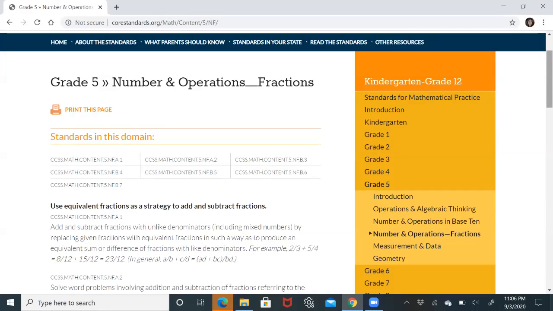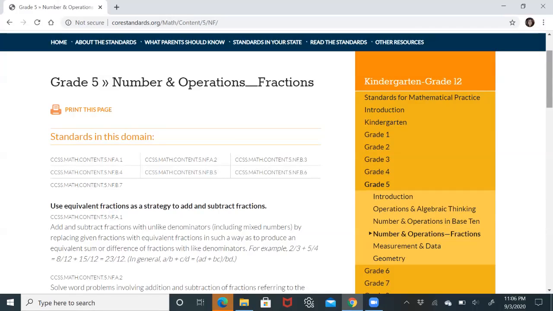Now, the spoiler alert here is that most of the state standards are actually very similar to the Common Core standards. So whether or not your state is officially a Common Core state, the standards are very, very similar. The main differences are usually just a slight change in the order of the standards or the coding, with possibly a few additions or deletions.